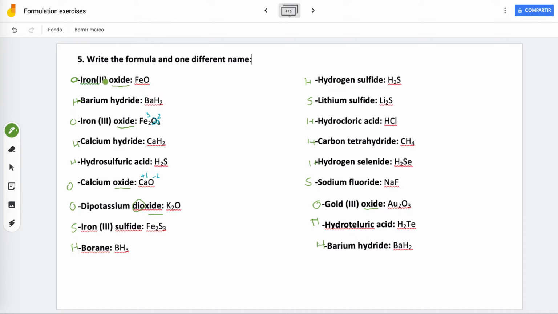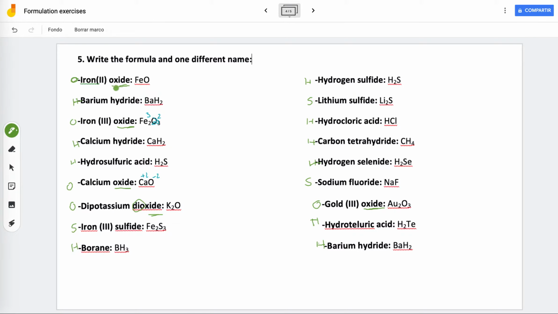We're going to solve the oxygen ones, the oxides. They finish all of them with ide. Go to this and this one, yeah. This is hydride 2.